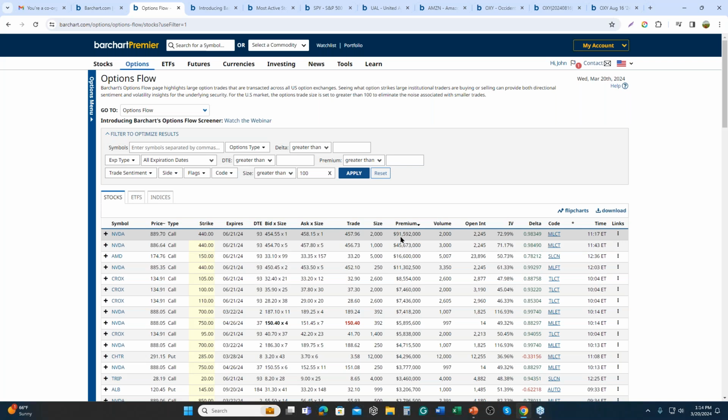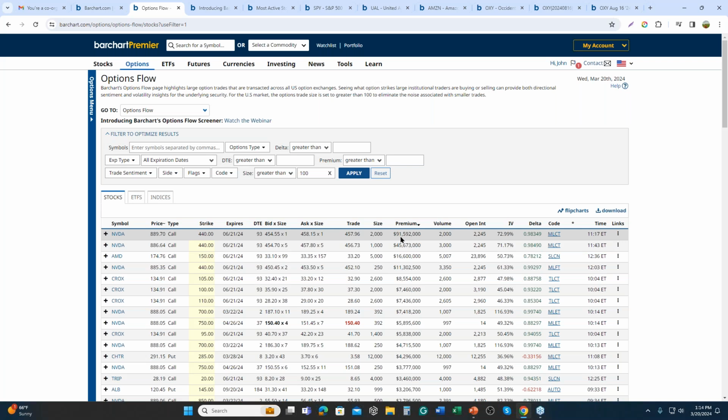Yes, this $91 million trade is a large trade, but relative to what NVIDIA is worth and how deep in the money this is, it's probably not that unusual. So I'm going to look at those different trades.